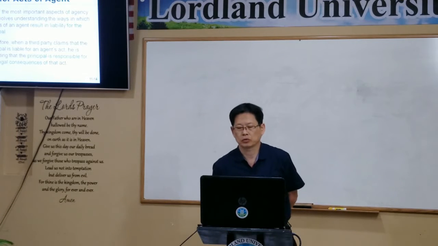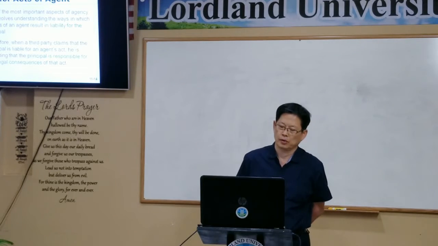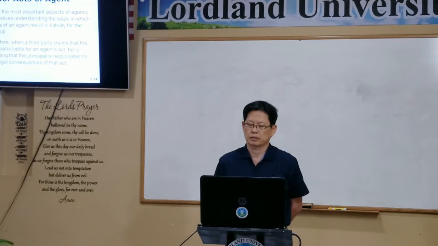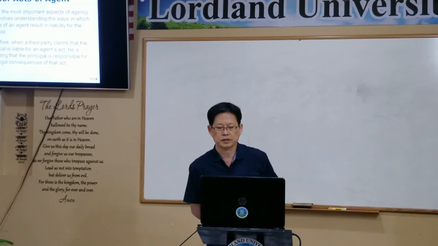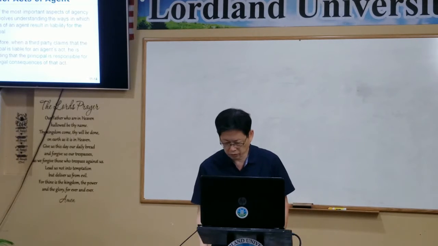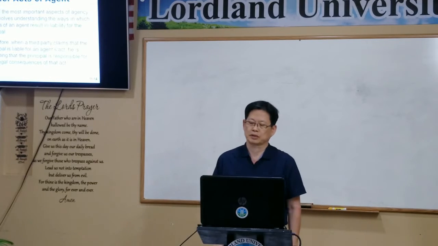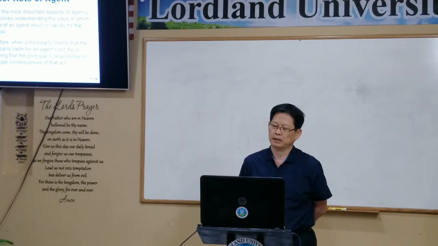One of the most important aspects of agent law involves understanding the ways in which the action of the agent, the agent's wrongdoing, directly results in the liability for the principal.